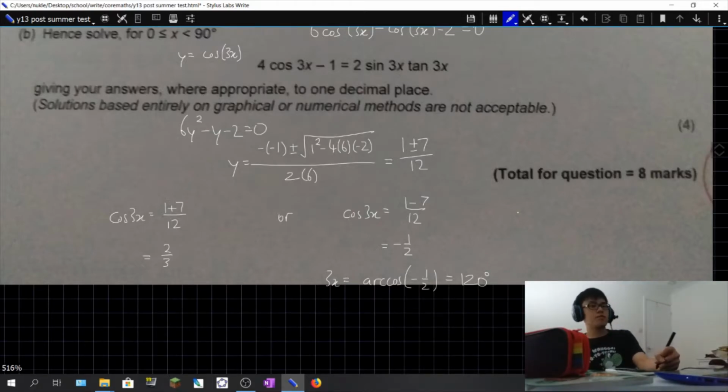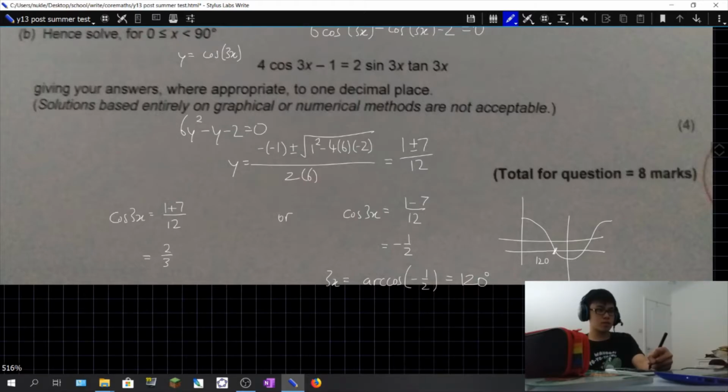But if you remember the graph of cosine, it's symmetrical. If you have negative half over here, and that's 120, there's also another solution where you have 180, and then 120, so the difference between that is 60 degrees. That's going to be the same difference here, so you're going to get 180 plus 60 degrees, which is 240.